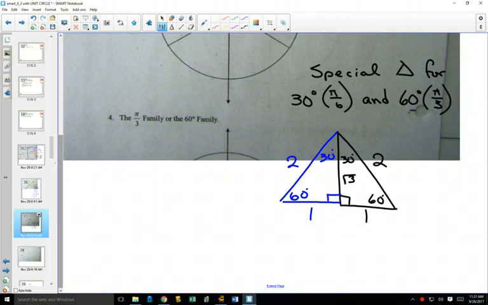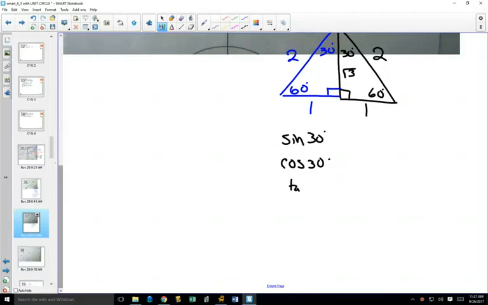We can do sine, cos, and tan of 30 degrees. So sine, opposite over hypotenuse, 1 over 2. Cos, adjacent over hypotenuse, root 3 over 2. Tan, opposite over adjacent, and again I'm going to rationalize. That'll give us root 3 over 3.